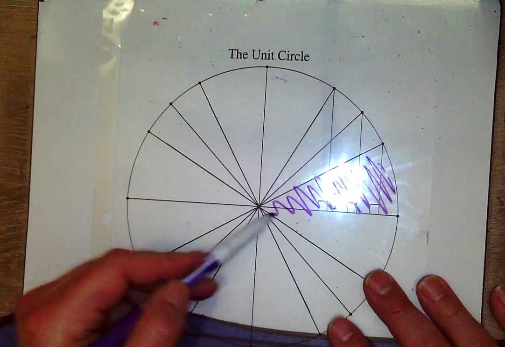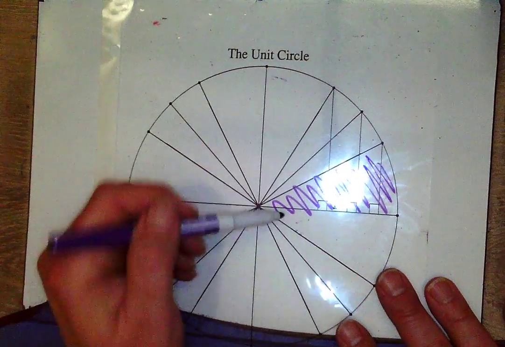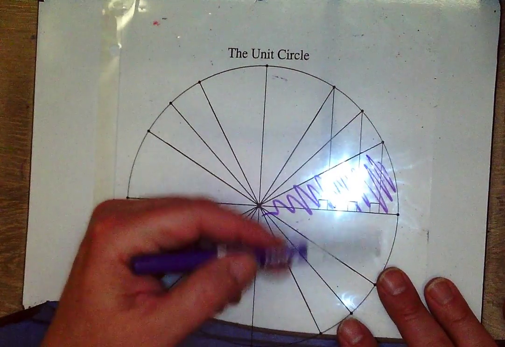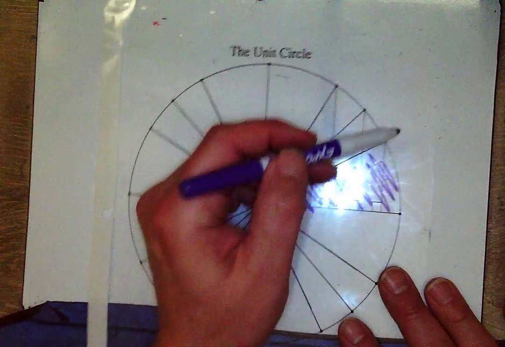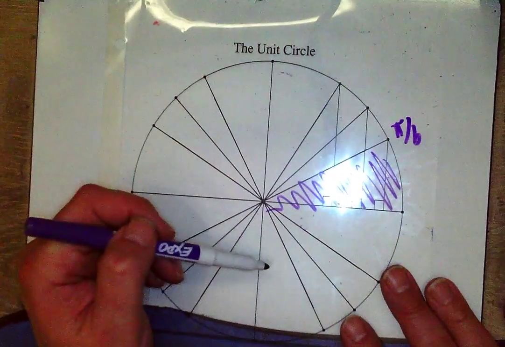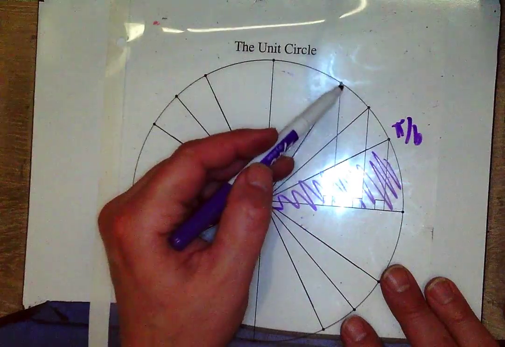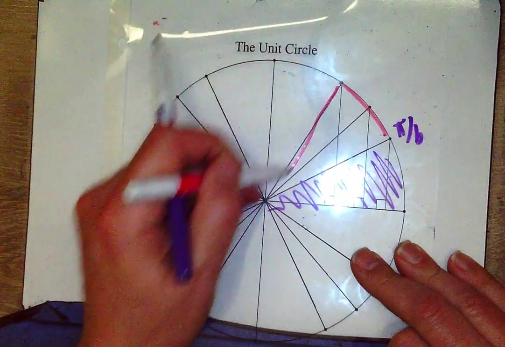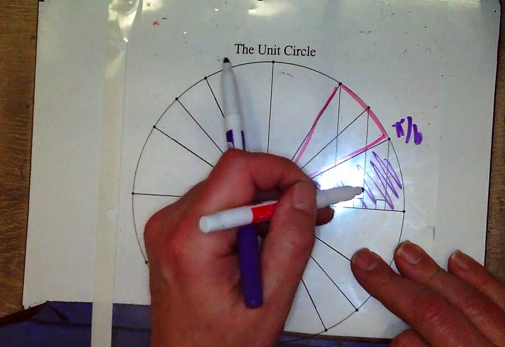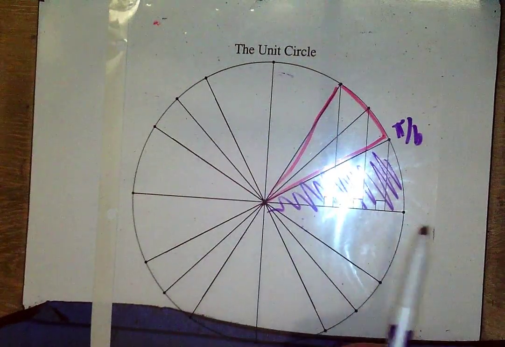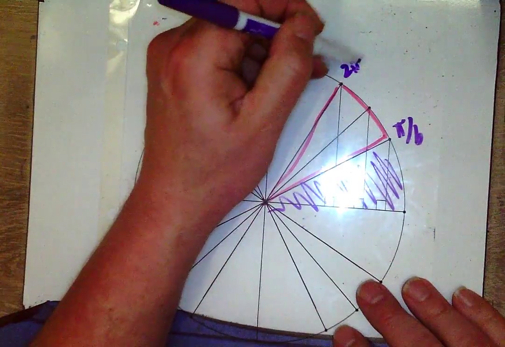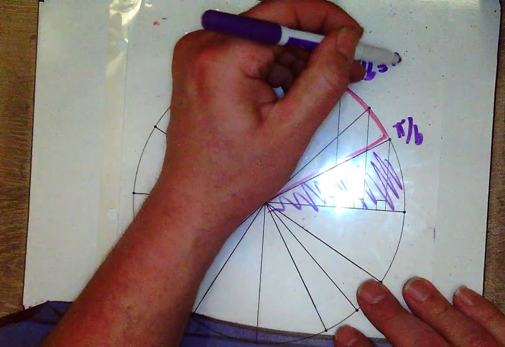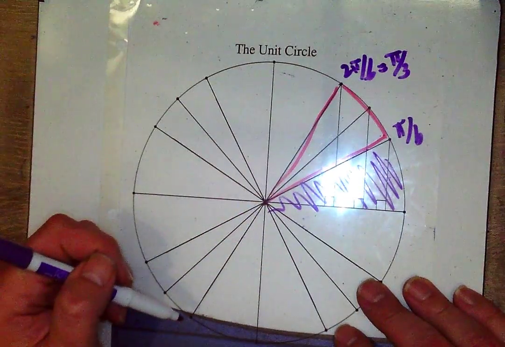Last thing I did with degrees, I want to take a look at an amount of rotation. So this is pi over 6. Well, I see here the same amount of rotation. So this could be 2 pi over 6, which reduces to pi over 3.